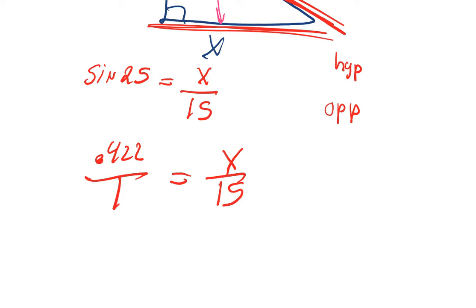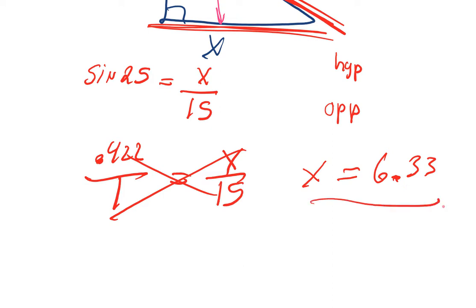And now we cross multiply. So we get x equals 0.422 times 15. 6.33. All right. Good enough. There's our x.